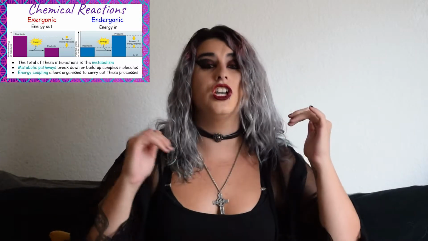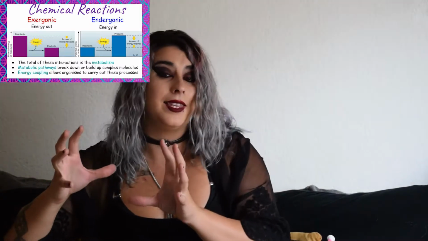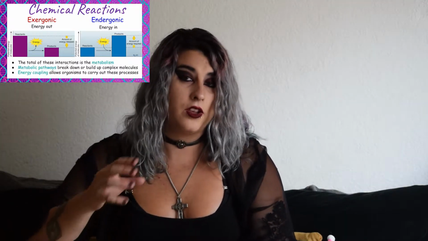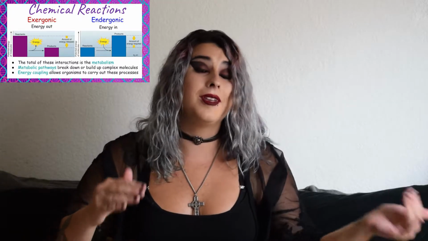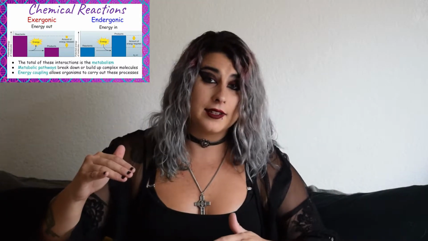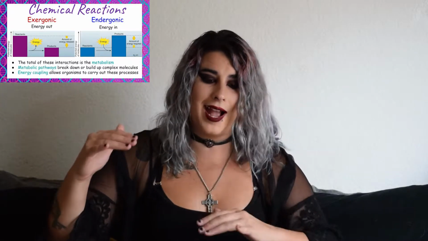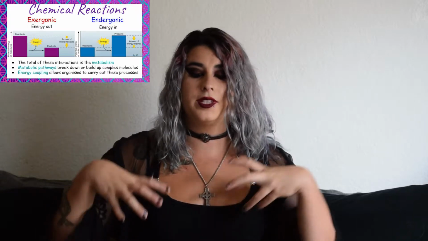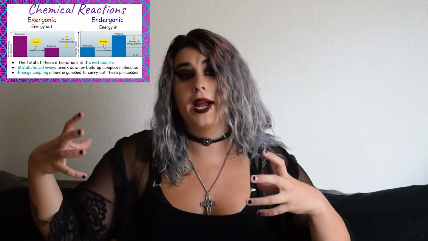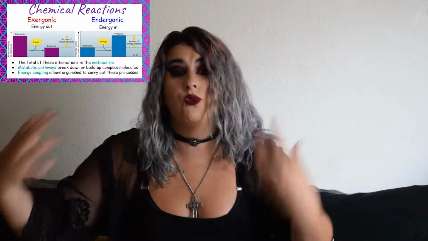Exergonic, energy out. Where if you look over here at the endergonic reactions, you have energy going in to make the reaction happen. The products have a higher potential energy than those reactants. So there was a certain amount of energy required to be put in to make the reaction go forward.